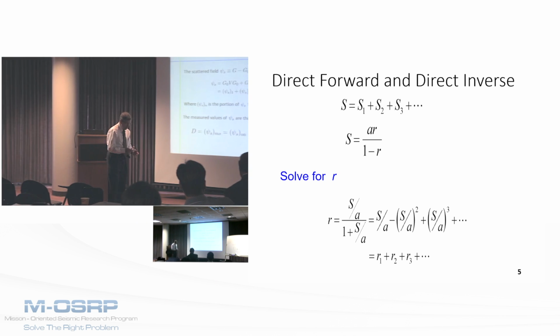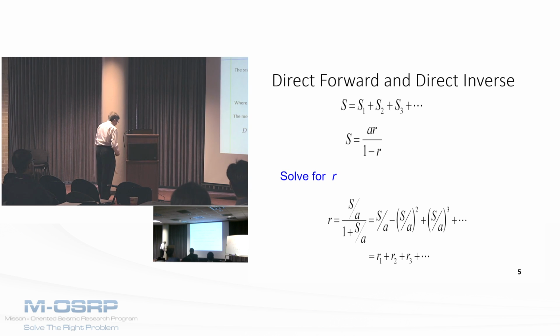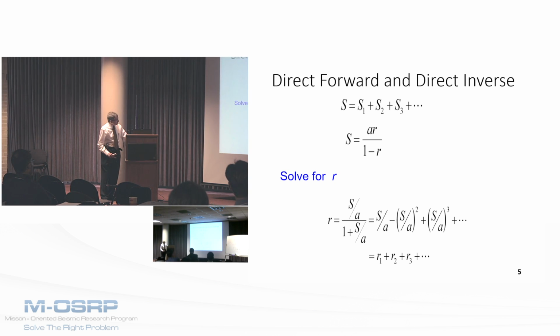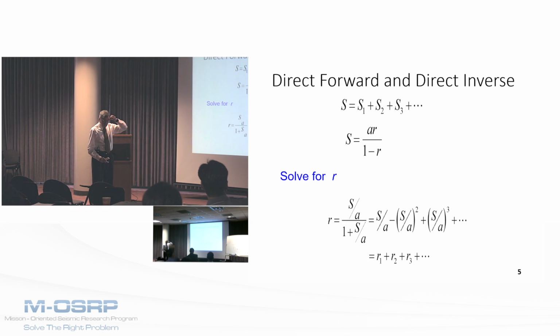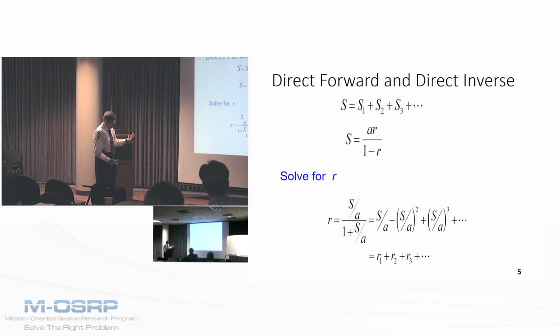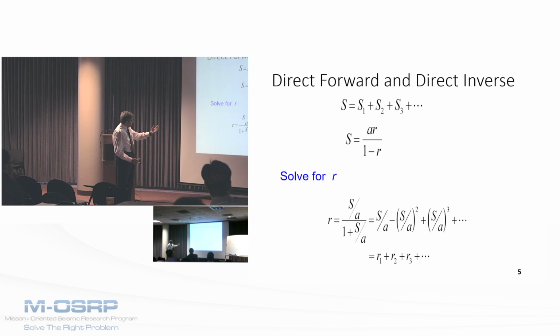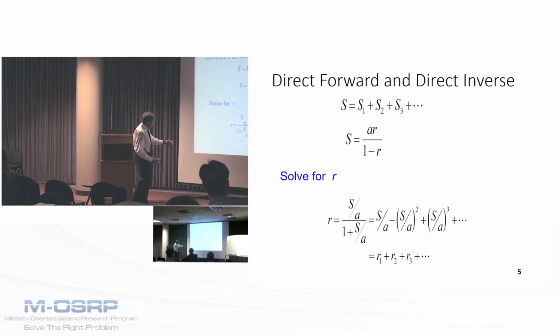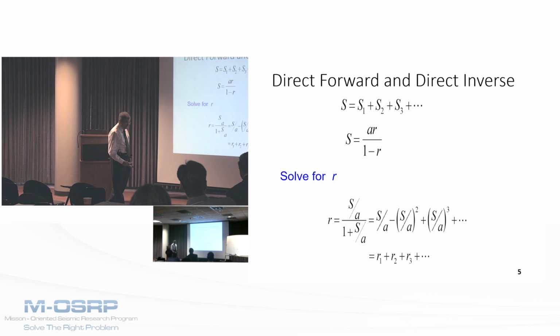If you just think for a minute in terms of as though this was a scalar problem, you have AR over 1 minus R. In other words, the first term is AR, G0 VG0, AR squared. So the first term is AR over 1 minus R. You can take that formula and solve for R. Now you have a geometric series for R in terms of S over A. Yes?